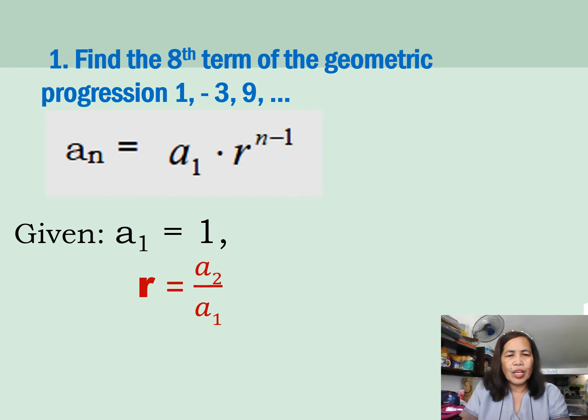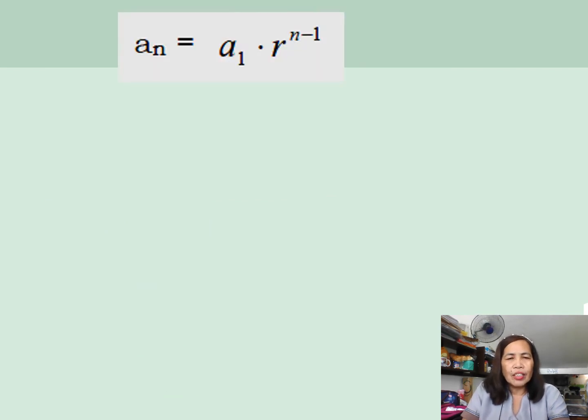So here I got negative 3 divided by 1, so that is equal to negative 3. Now for n, we have 8 minus 1, which is 7.